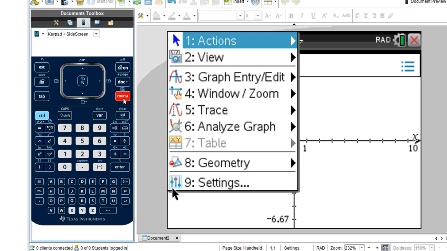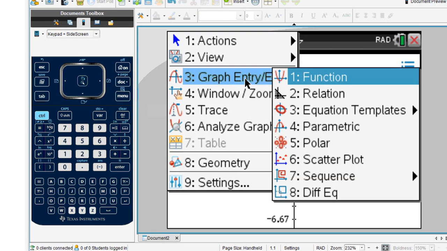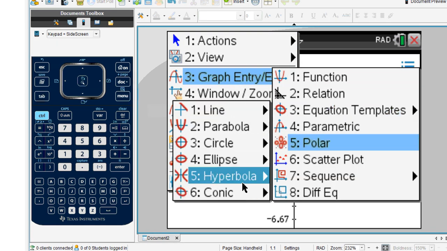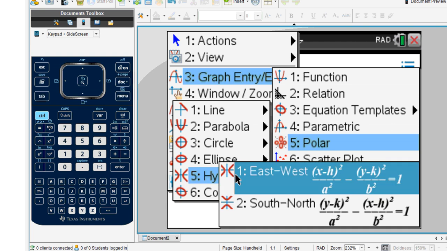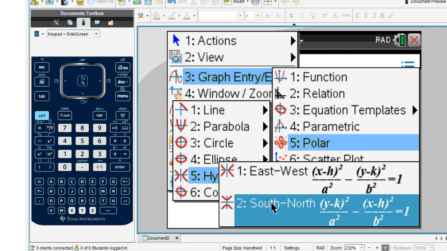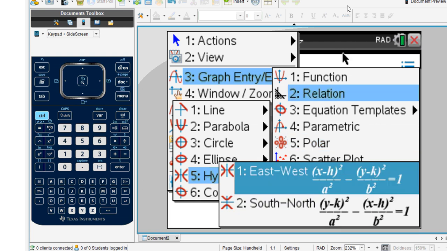So we go to Menu, Graph Entry Edit, Equation Templates, and we go to Hyperbola. It says East-West or North-South. Well, North-South is going to be y over a squared minus x over b squared.